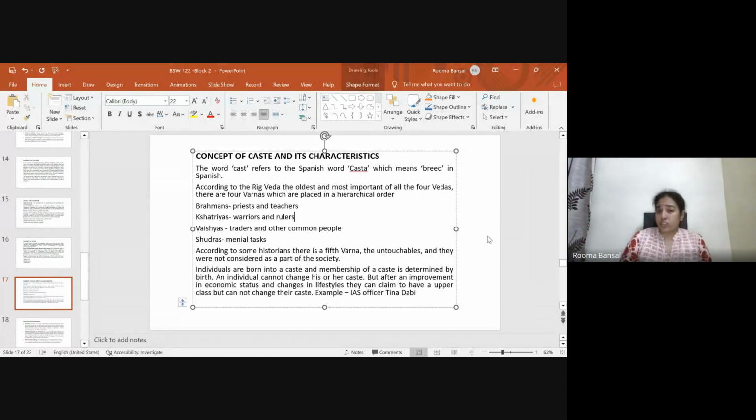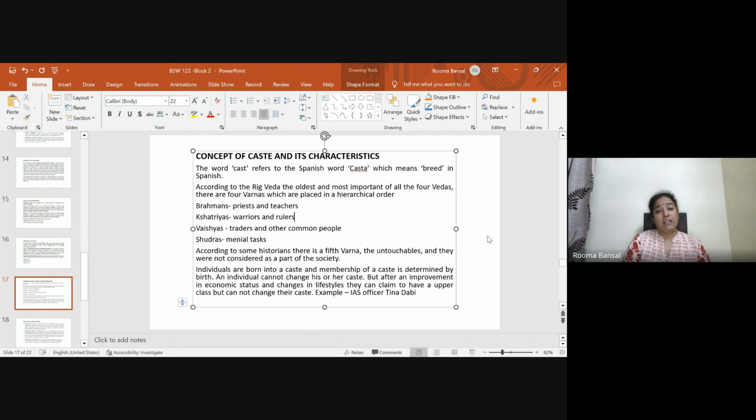Now she is an IAS officer. She has an upper class living standard, upper class lifestyle. She is getting so many facilities and perks from the government. She got a good education. Both parents of IAS Tina Dabi are in a very good position. They both are working with the Government of India, but they are scheduled caste people. By caste, they are scheduled caste and they cannot change their caste.